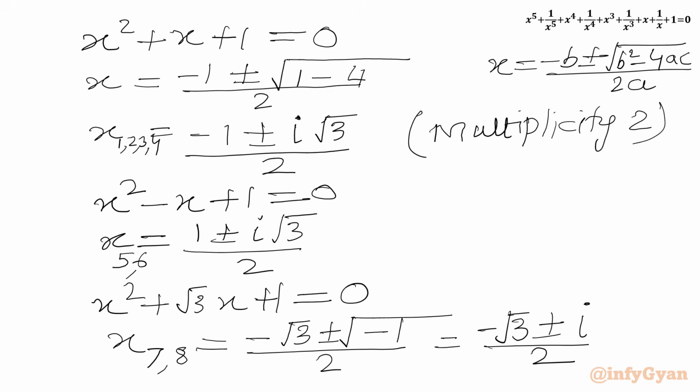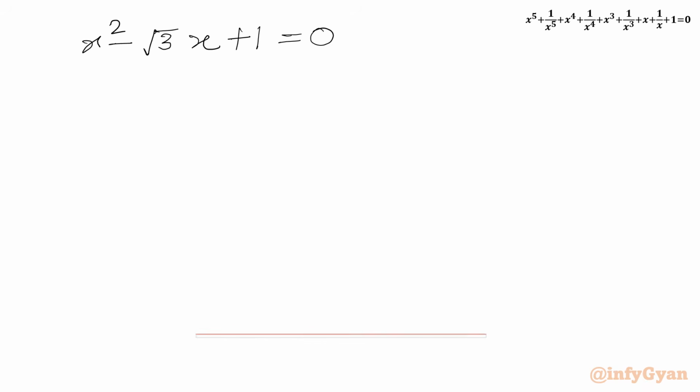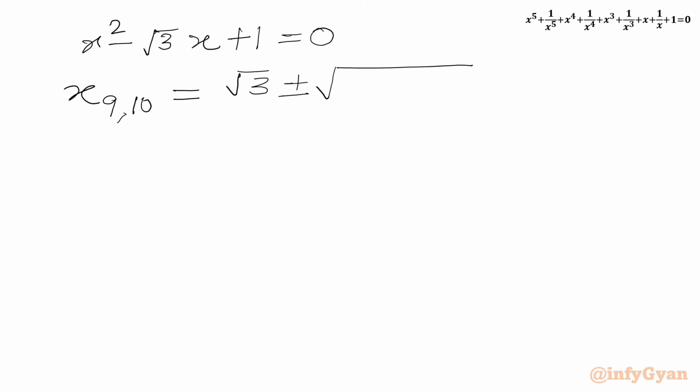And one more factor is left, which is x square minus root 3x plus 1 equal to 0. Now we will be writing x9, x10 equal to minus b. So minus of minus root 3 plus minus square root of root 3 square with minus sign.